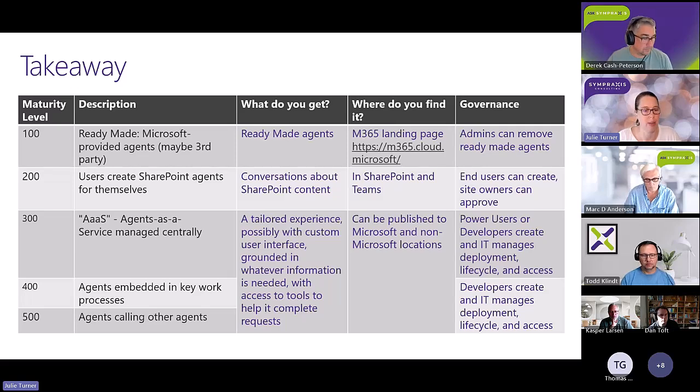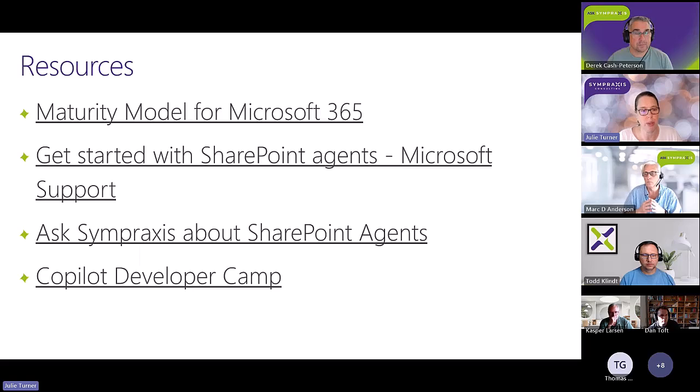Again, you can go back and look at this later in the recording. And then we got some resources: the maturity model, getting started with SharePoint agents, the Ask and Praxis that Todd mentioned about the SharePoint agents. And there's a Copilot developer camp that helps you walk through creating declarative agents and custom engine agents. So that's a great resource if you're a developer and want to get started with that.